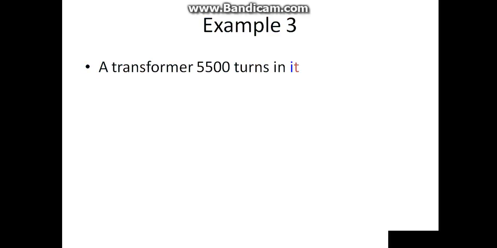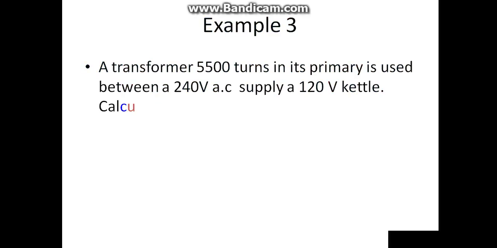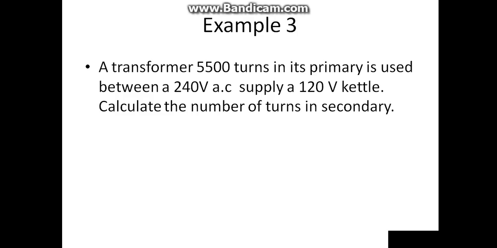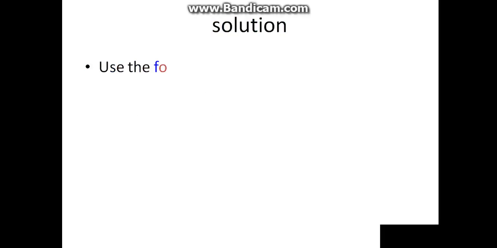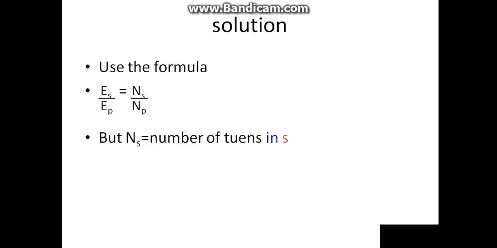Example 3. A transformer with 5,500 turns in its primary is used between a 240 volts AC supply and a 120 volts kettle. Calculate the number of turns in the secondary. Solution. Use the formula ES over EP equals NS over NP, where NS is the number of turns in the secondary, which is unknown.